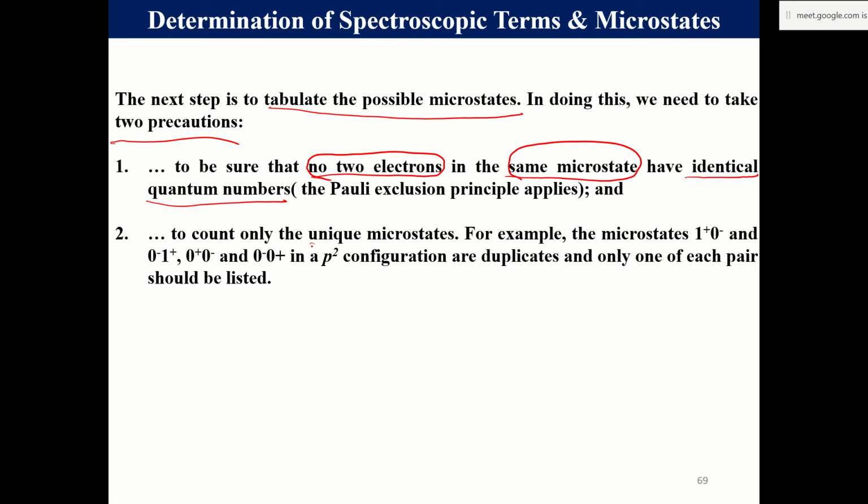And to count only the unique microstates, you do not have to duplicate it. So that is the example that I had given to distinguish a P2 configuration and S1 P1 configuration. That one is an example where you have to be careful. P2 configuration compared with S1 P1 configuration.